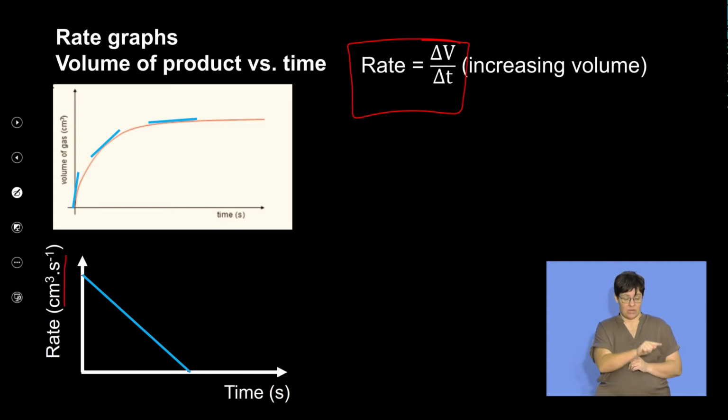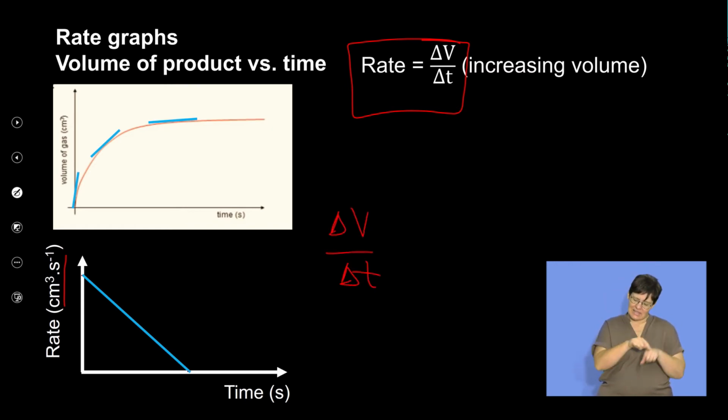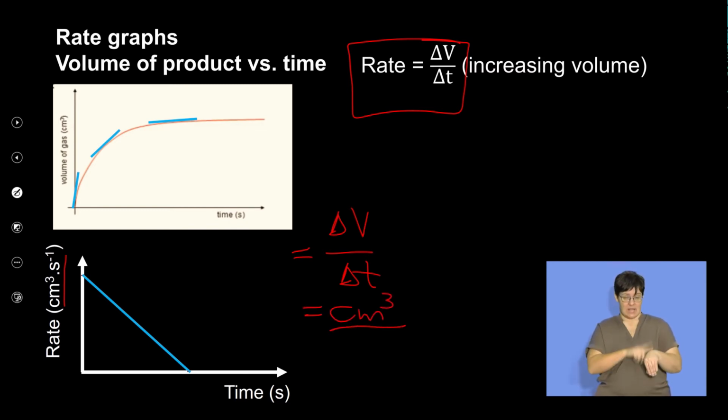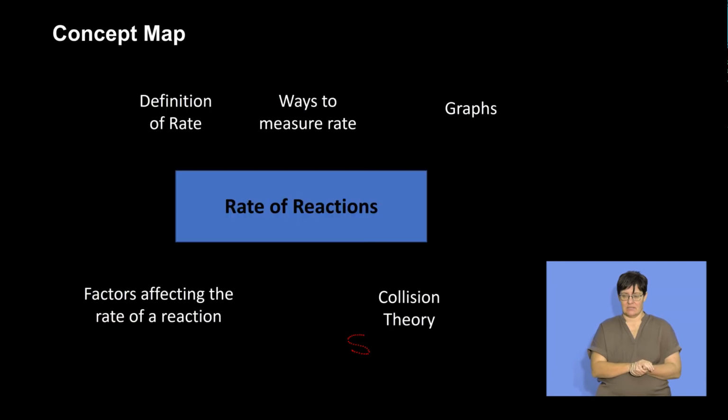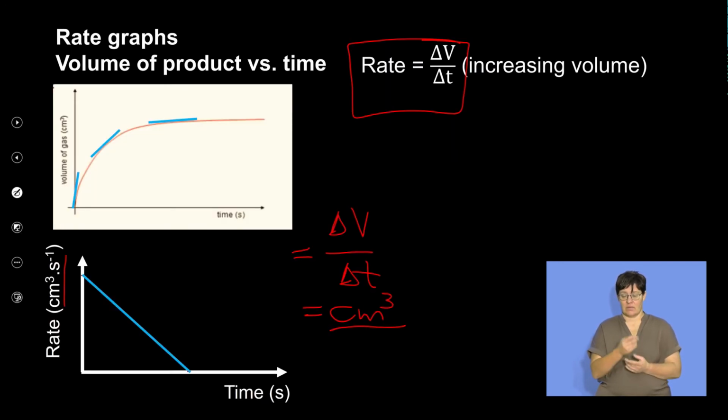Just look at the unit of the rate there. Because we were working with delta V over delta T, we were actually working with centimeters cubed over time, which is seconds, so our unit here will be centimeters cubed per second.